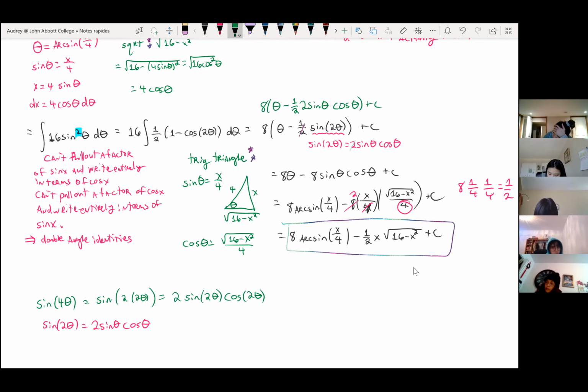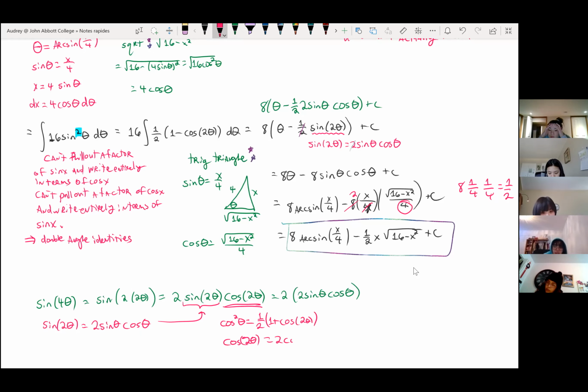If I really needed to get this back in terms of theta, then again I would use the same identity here, so I would have 2 times 2 sine theta cosine theta. And for cosine of 2 theta, we know that cosine squared of theta is 1/2 times 1 plus cosine 2 theta. So I could solve for cosine 2 theta from here and get that cosine 2 theta is equal to 2 cosine squared theta minus 1. And now I have everything in terms of theta.